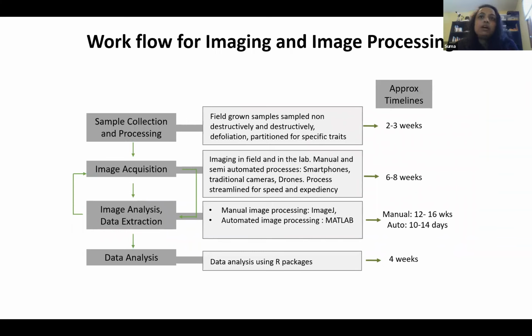This has been our workflow for imaging and image processing. I won't go through it, but I want to show you that the image analysis and data extraction, when done manually, takes 12 to 16 weeks, like 3 to 4 months.